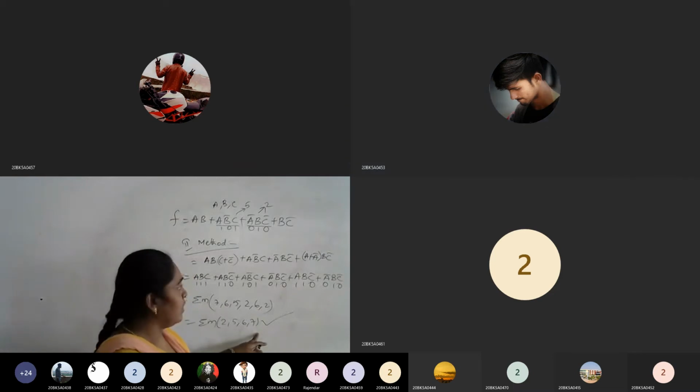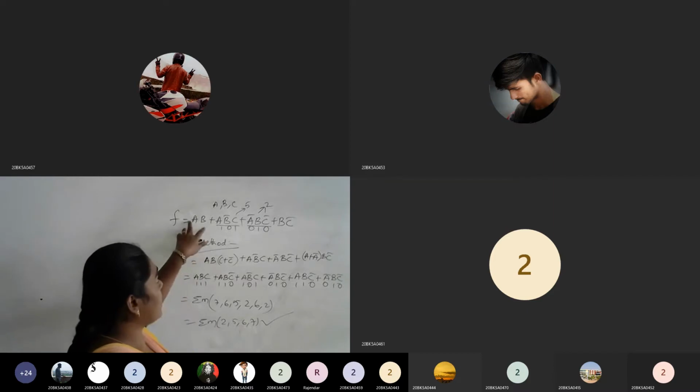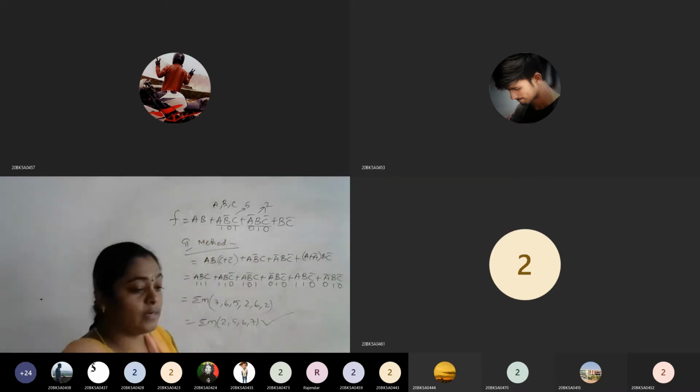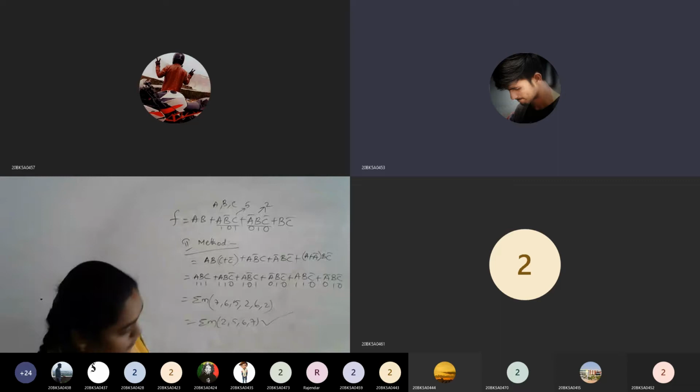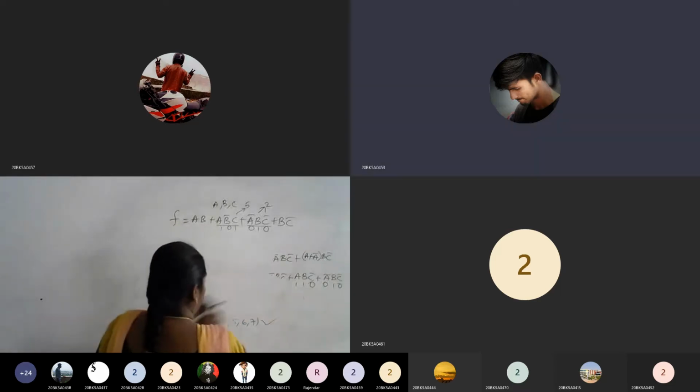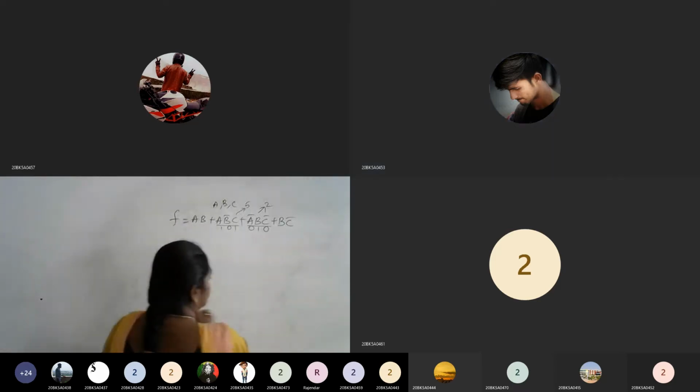If they have given it this way, you need to check the highest number. 7 is equivalent to 1 1 1, triple one. As 3 bits are required, you need to draw the 3 variable K-map. Or if the expression is in this way, as it consists of 3 variables, you need to draw the 3 variable K-map. Is it clear? Yes, ma'am. Now, I am drawing the K-map.